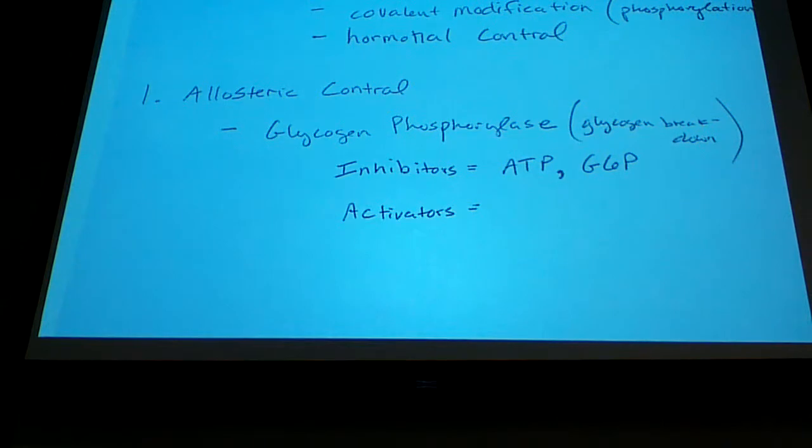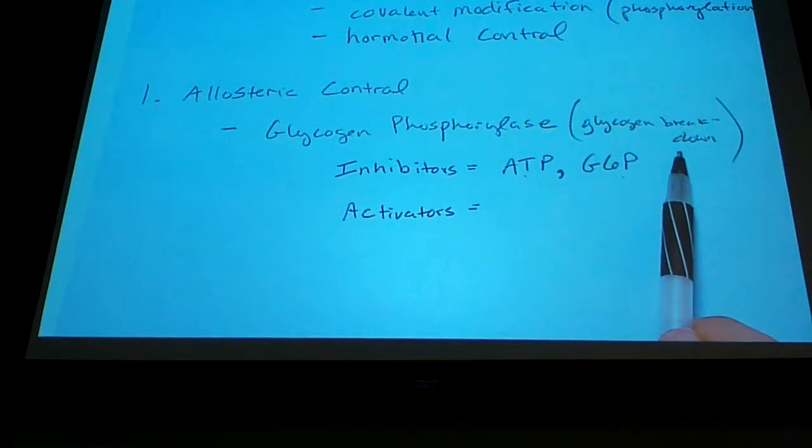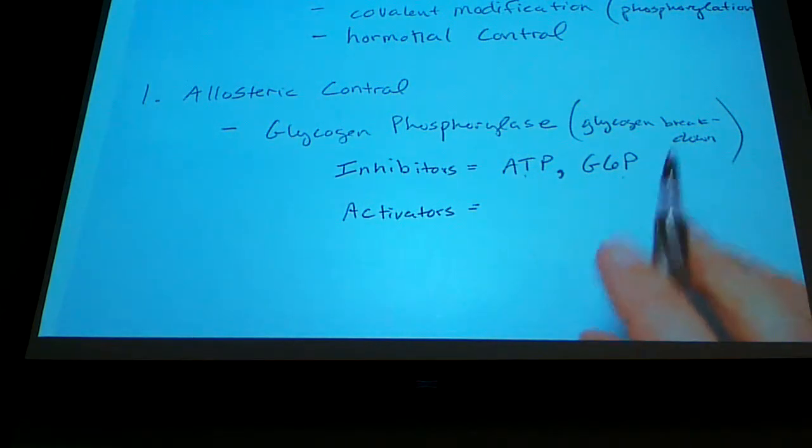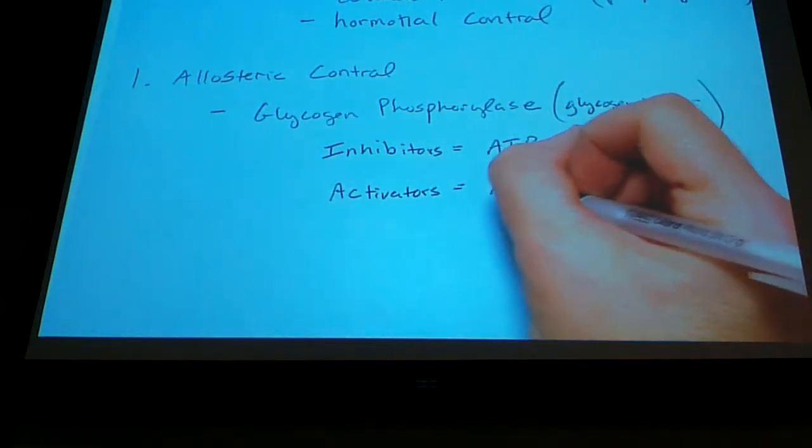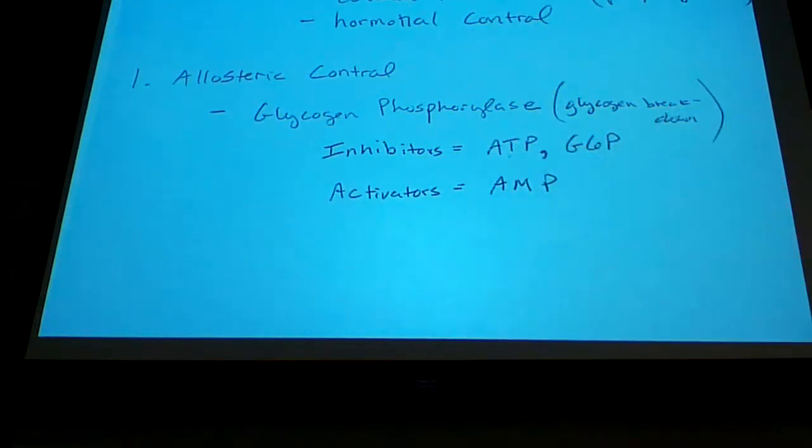For example, fructose, when it enters the liver, is already at the glucose 6-phosphate state. If we have a lot of these, we don't need any more, and so you're going to inhibit glycogen breakdown. The activator, you would think it was ADP, but it's not. The cellular signal for low ATP is actually the monophosphate, AMP.